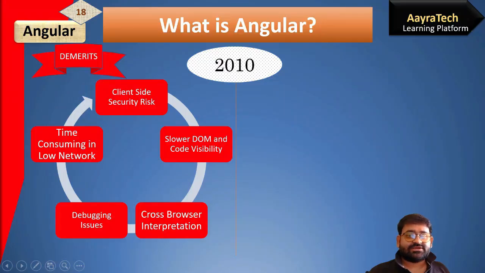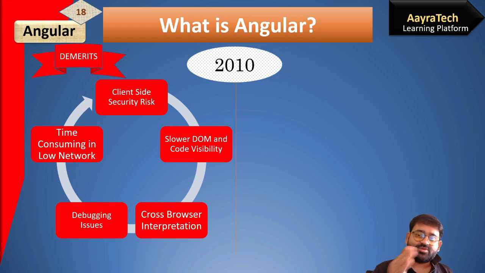Cross browser interpretation. That means if I develop a JavaScript website, it runs successfully in the Chrome browser, but it is not working in Mozilla. That means we need to change some code for Mozilla and Chrome separately. That creates an issue in JavaScript.